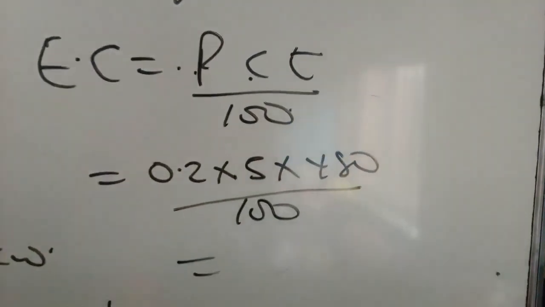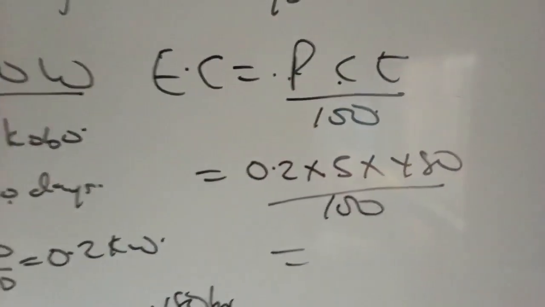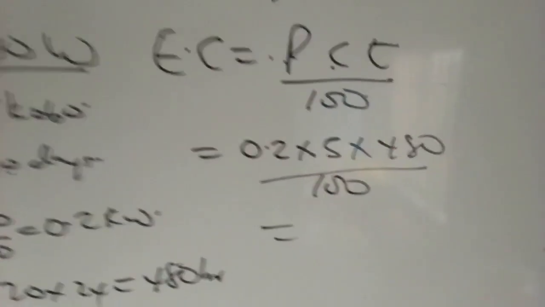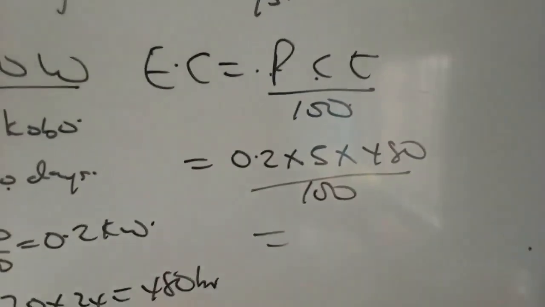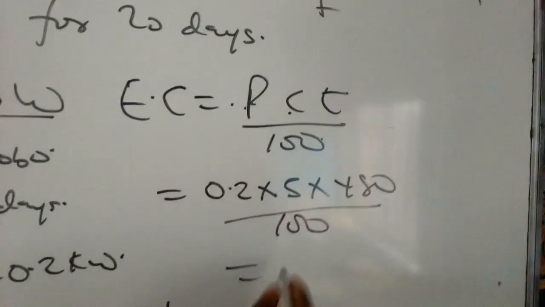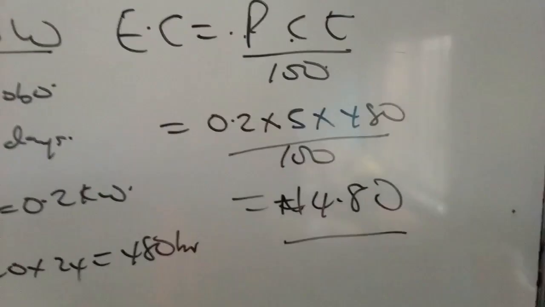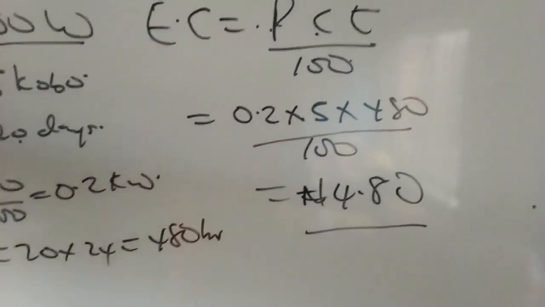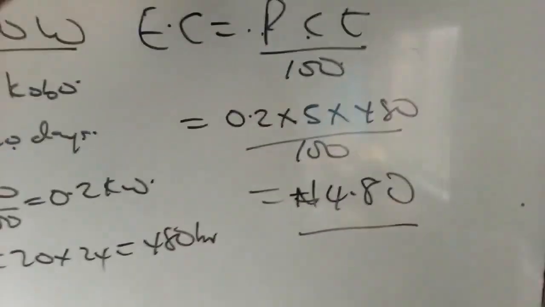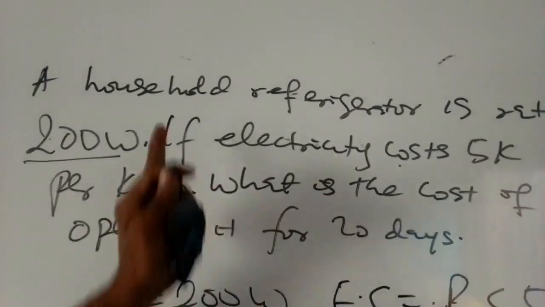So when we solve this problem, the final answer becomes 4 naira 80 kobo. For operating a refrigerator of 200 watts at 5 kobo per kilowatt hour for 20 days, the man will have to pay 4 naira 80 kobo.